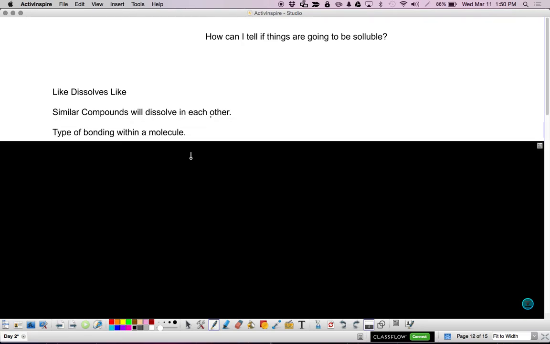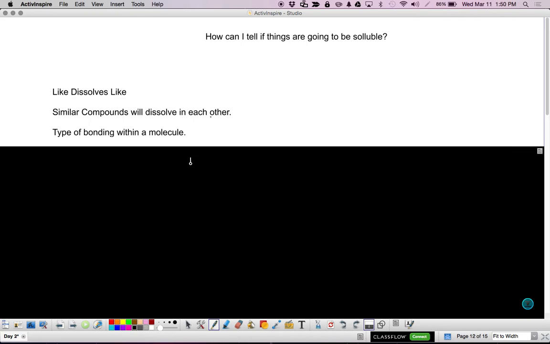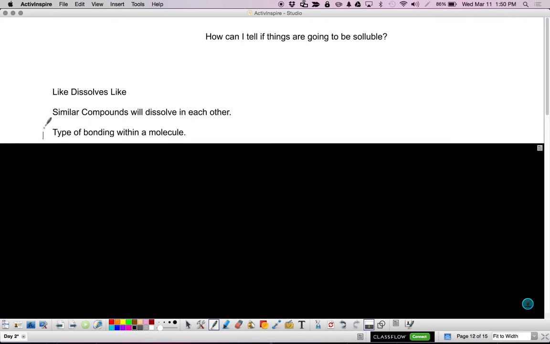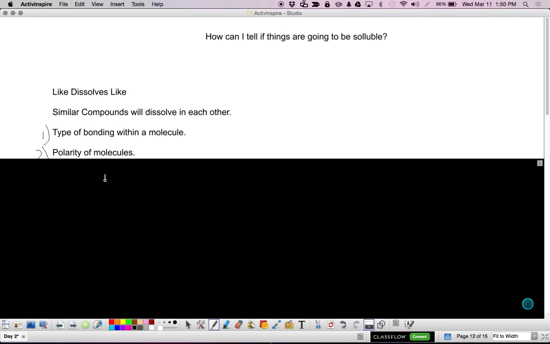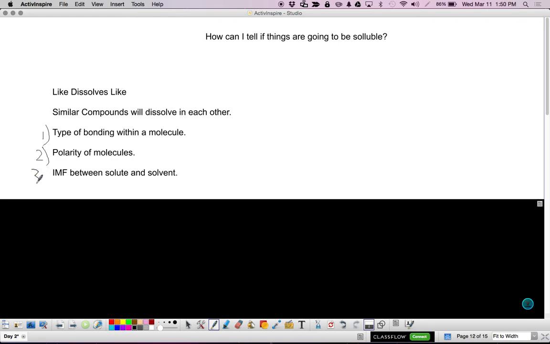You would look at 3 things. 1, the type of bonding within a molecule. So covalent compounds will tend to be soluble in covalent compounds, and ionic compounds will tend to be soluble with ionic compounds. Okay? 2, polarity of molecules or not polarity of molecules. And 3, intermolecular forces between the solute and the solvent.